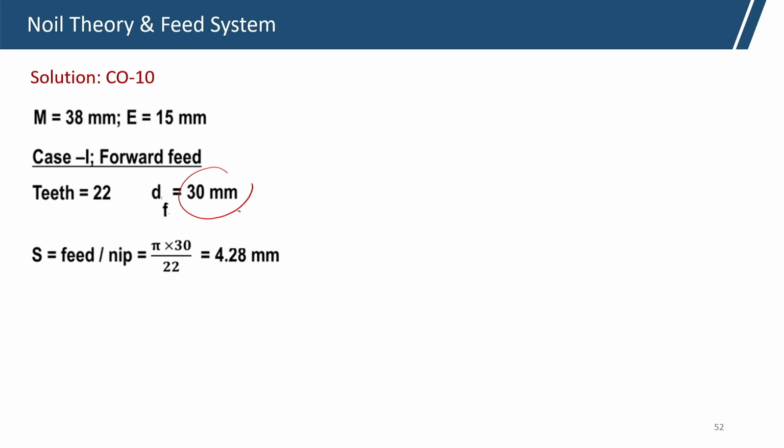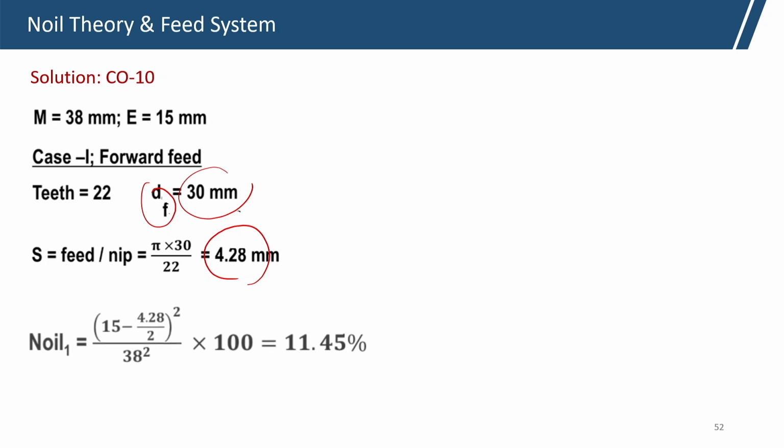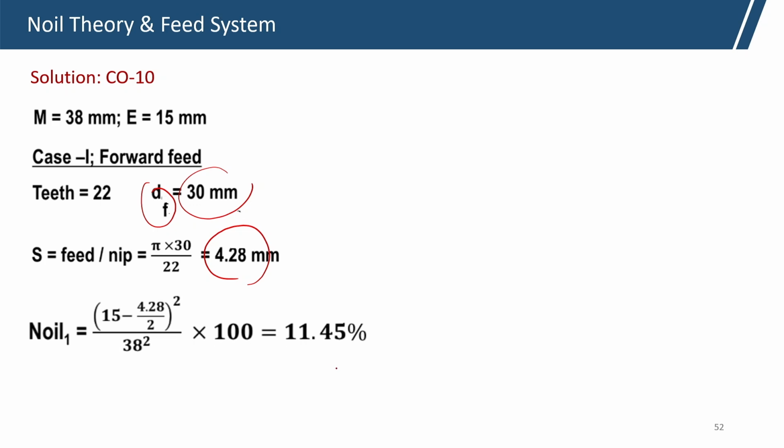So, diameter of feed roller is 30. So, feed per nip becomes 4.28 for forward feed, okay, with 22 teeth, and Noil percent is 11.5%. So, here basically the Noil percent will be different because number of teeth affect the feed.